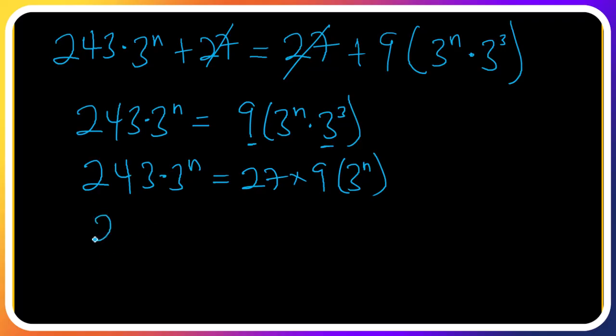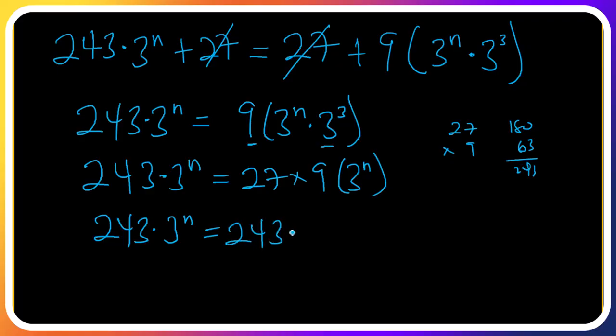Now 243 by 3n equals 27 by 9, which also gives us 243: 20 times 9 is 180, 9 times 7 is 63, so 243.